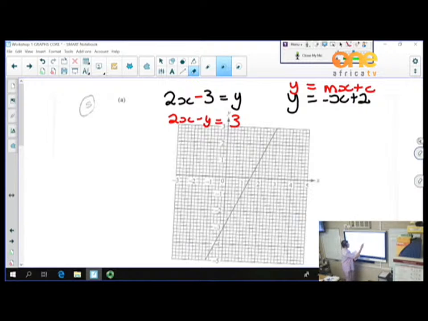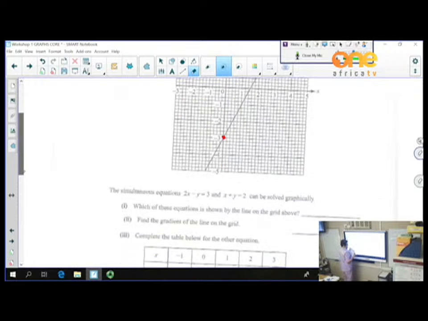Now, if we look at these two graphs, this one, your c value here is 2. And in this case, the c value is negative 3. So if we look at this graph here, there's the negative 3. So that's how I know that this line that we have here is 2x minus y is equal to 3. So that's my first answer.